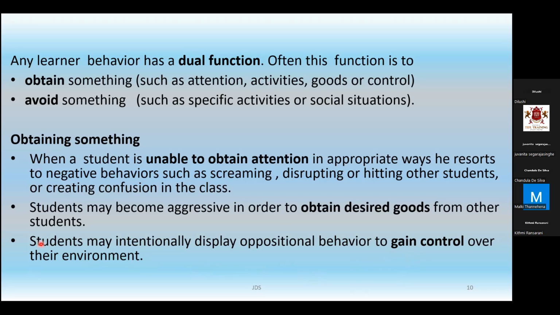So these are some examples of how learners will behave in a particular way to obtain something. So when you have these kinds of behavioral patterns in the class, you should immediately remember that the child is in need. There is a necessity for the child for something.